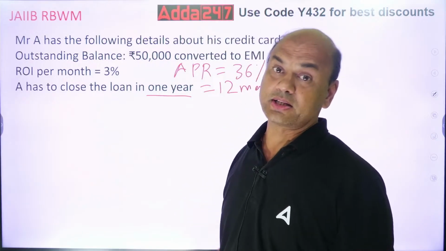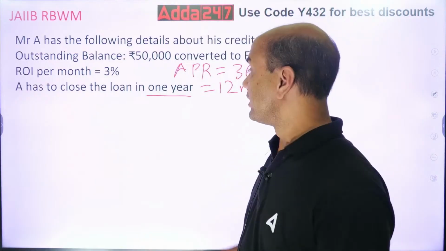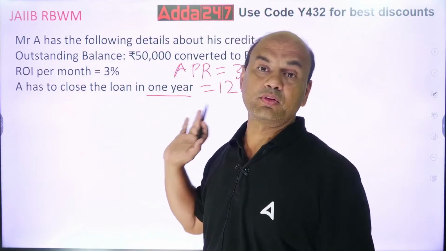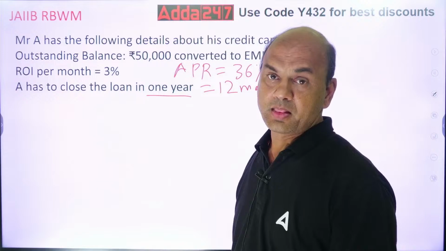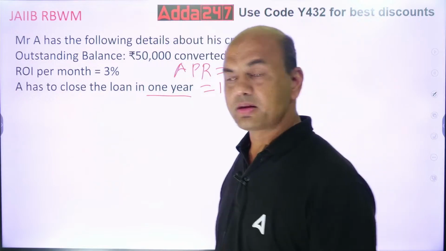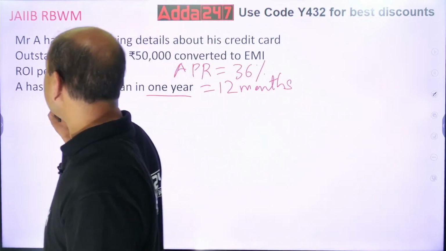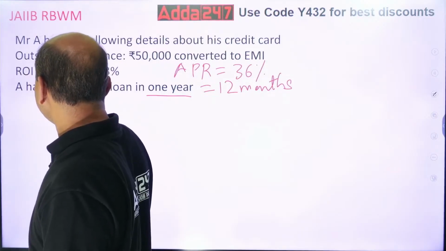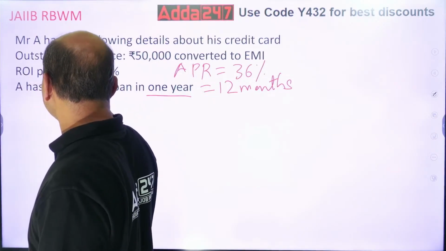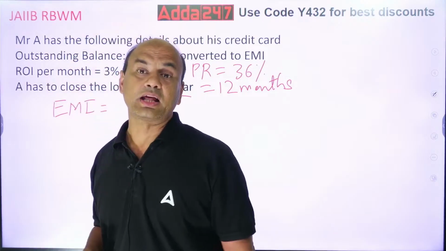I want the EMI now. My question is EMI. What will be my EMI? Now what is the formula for EMI? You will have to use the EMI formula which is there in your time value calculations.